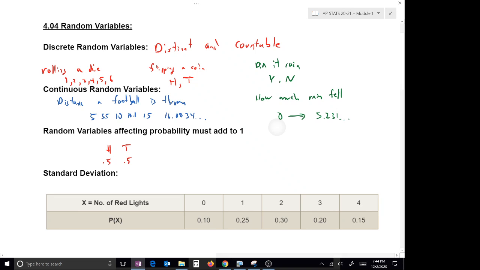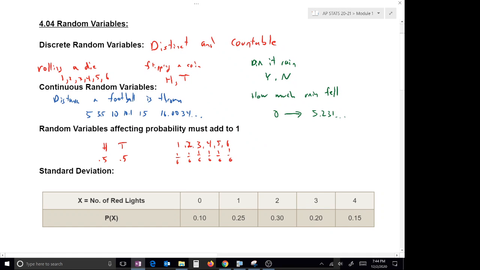Or if we're rolling a die, each of the numbers 1, 2, 3, 4, 5, 6 would have a 1/6 probability, and those would all add up to 1. So the probabilities of all of our outcomes must add to 1 in order for this to work.